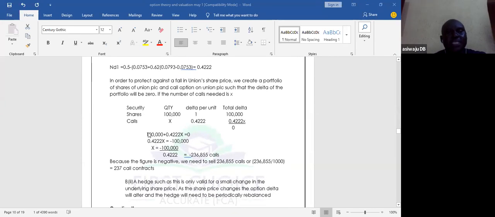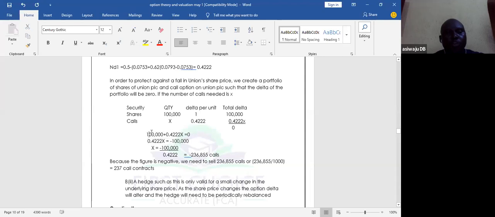Now look at it. The total delta is equal to 0. The question is, what is X? Our concern is how many calls do we need to buy so as to delta hedge? Solving this by collecting like terms, what is the value of your X?